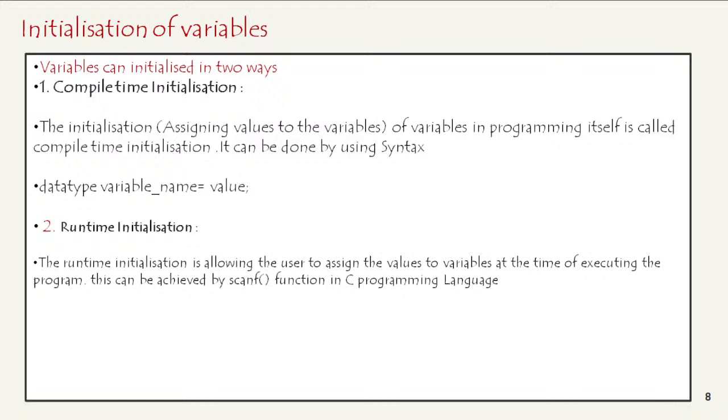Suppose in your program you want to work with fixed data, which you assign to your variables and which can be used irrespective of how many times you run the program. If you want to change the variable's value every time you execute your program, you go with the second type, that is runtime initialization.